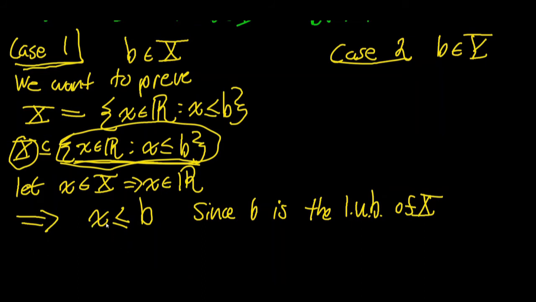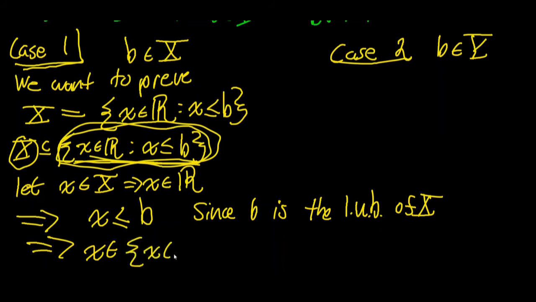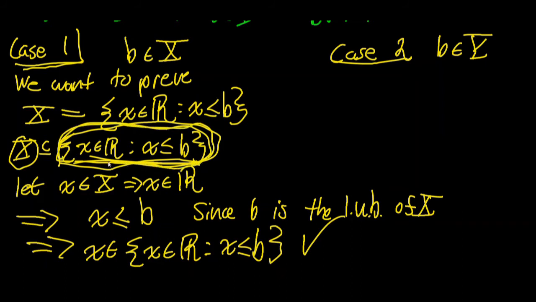But look at this: x is an element of R, and x is less than or equal to B. Therefore, x satisfies all the conditions of being in this set right here. So x is in the set of all x in R such that x is less than or equal to B. We proved that X is a subset of this set, because any arbitrary x in here must also be in here, as we've just proven.